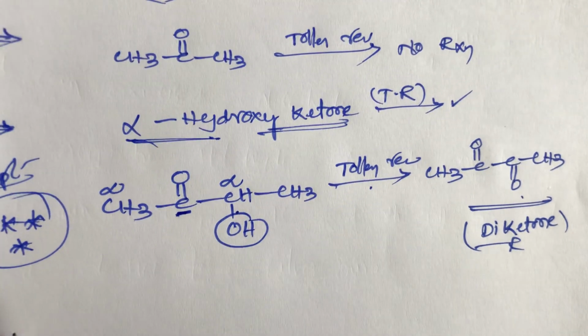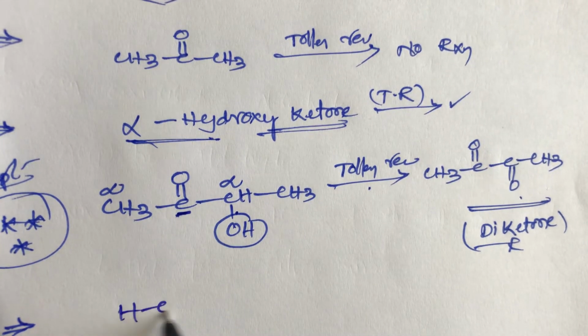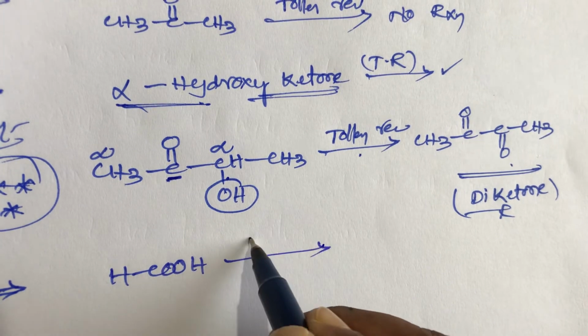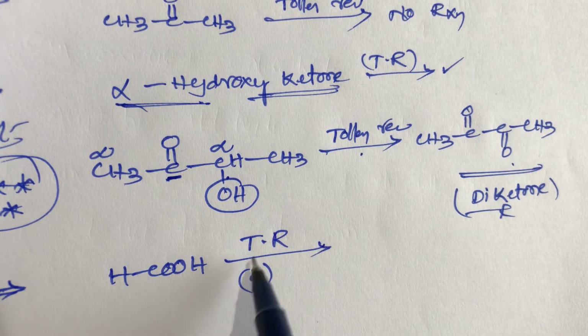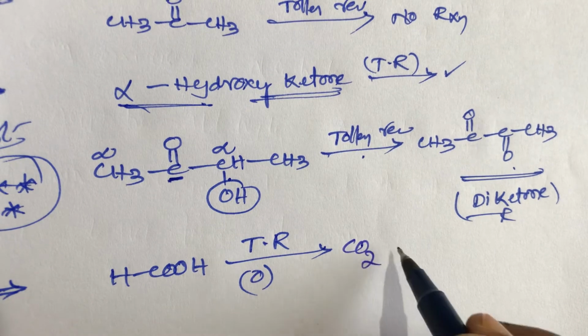And one more exception case, student. Generally, carboxylic acid cannot be oxidized with Tollens reagent, but in some exception cases, that is formic acid. When formic acid, HCOOH, reacts with Tollens reagent, on oxidation it forms carbon dioxide plus water.